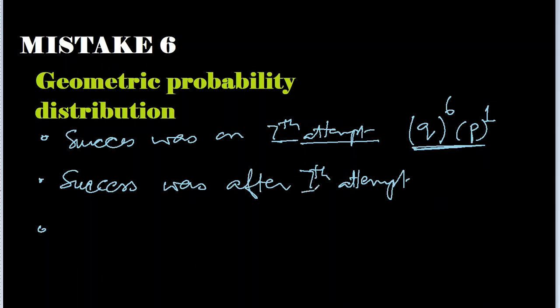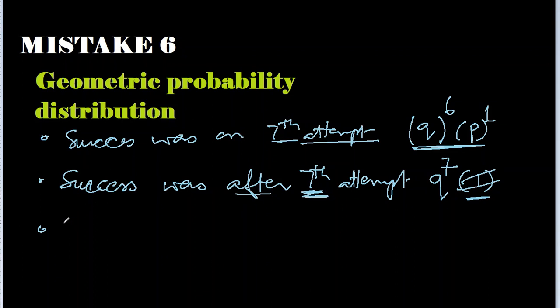But it is sure that 7 attempts were failure. This is your answer, q to the power 7. Do not bother what happened after that. 100% sure that after that it was success. So there's no need to write this one here. Q to the power 7 is the one when the language is like this, after the 7th attempt.